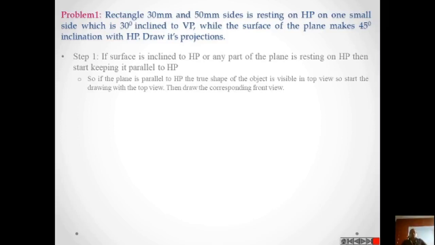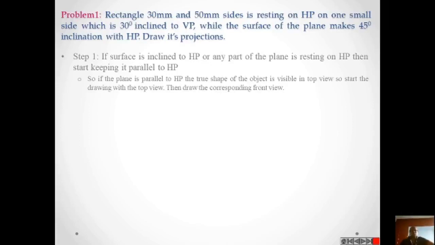Now, what is the first thing we have to look into in a projection of planes question? The first thing is whether the plane is resting on HP or resting on VP, or whether the surface of the plane is inclined to HP or inclined to VP. These things first we have to look for.